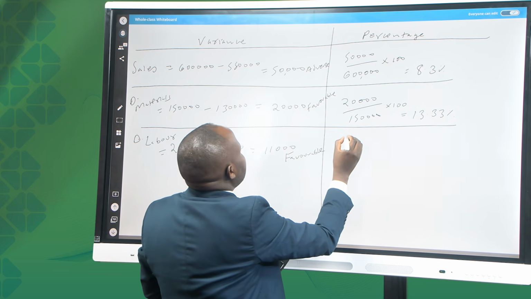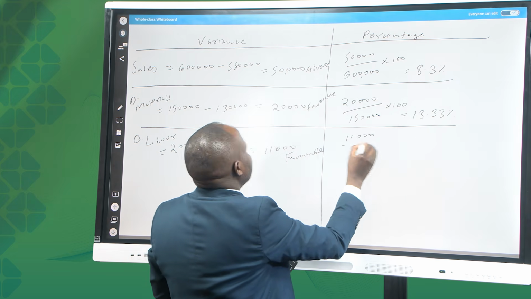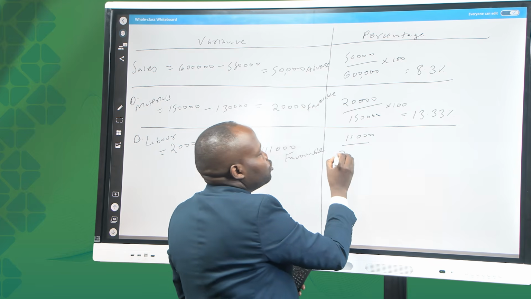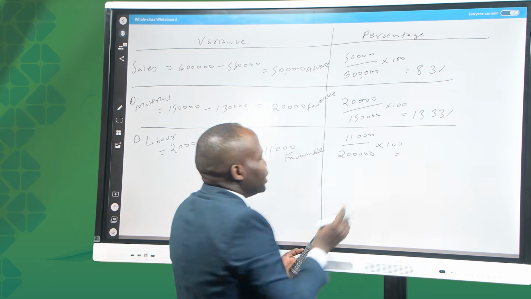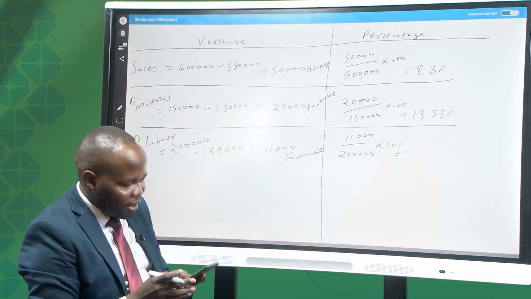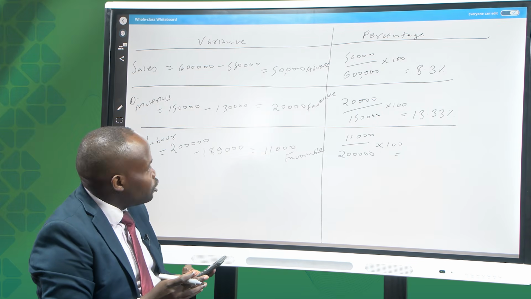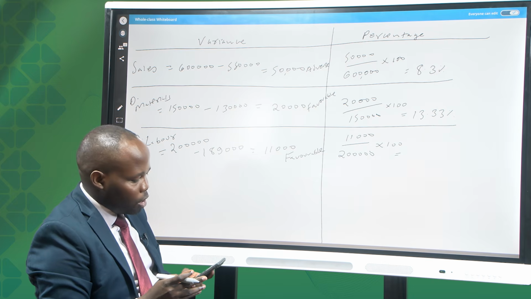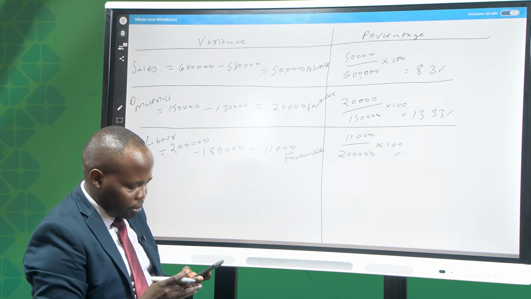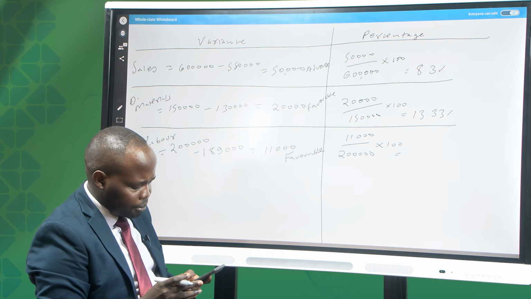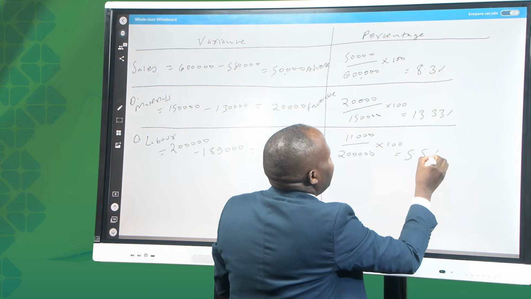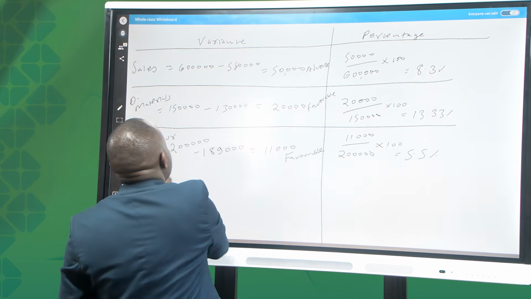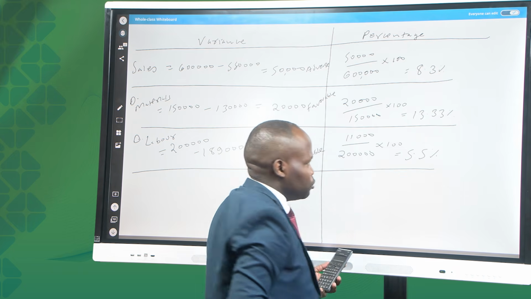The percentage is 11,000 over the budget of 200,000 times 100. And that gives you 11,000 divided by 200,000 times 100. It gives us 5.5%. So what is a variance as we conclude?